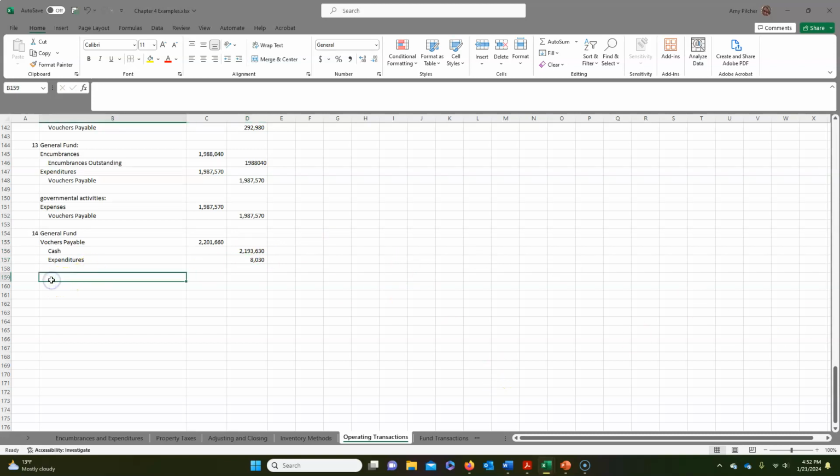And then governmental activities. The only difference would be that we call that account expenses in governmental activities and expenditures in the general fund.